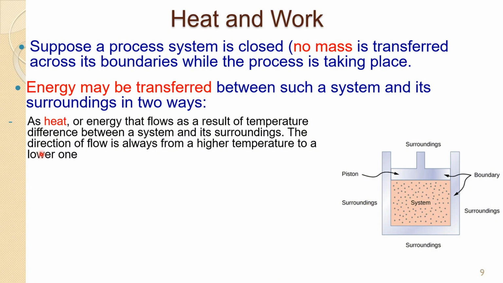So the first way is heat: the energy that flows as a result of the temperature difference between the system and its surroundings. The direction of the flow is always from the higher temperature to the lower one.